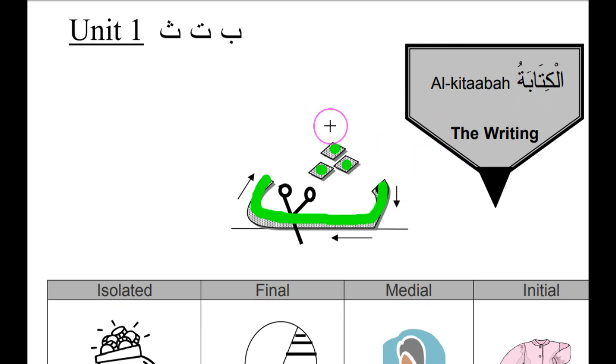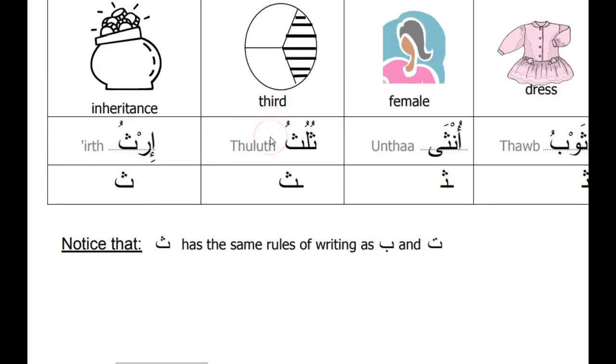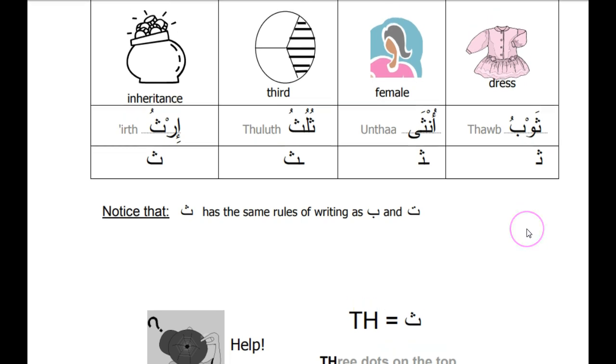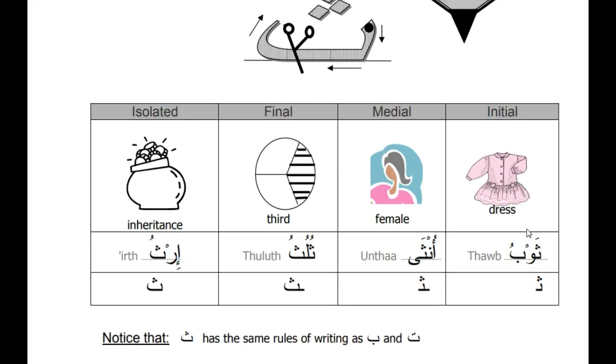Al-kitaba, the writing. So when it is at the beginning of the word, let's make this smaller, it looks exactly the same as the letters we've done before. You just start from the top and then continue on top of the letter and then put your 3 dots on top.